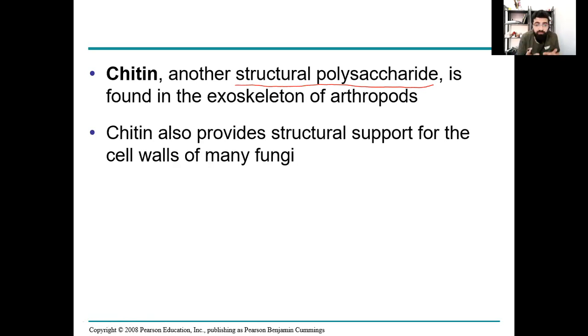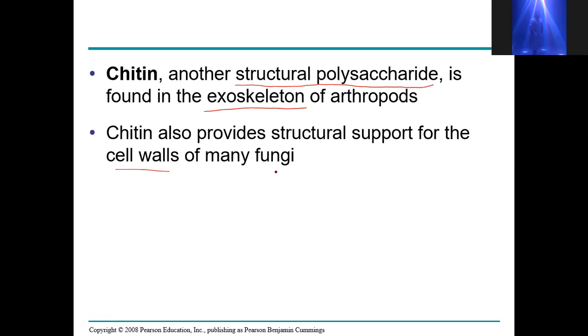Chitin is a tough polysaccharide used to make the exoskeleton of arthropods, the tough shell found on the back of insects, for example. Chitin also makes the cell wall of fungi.